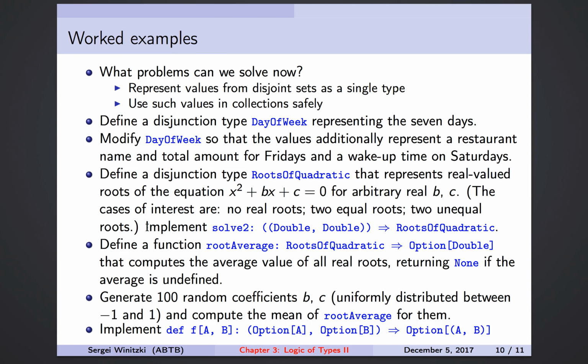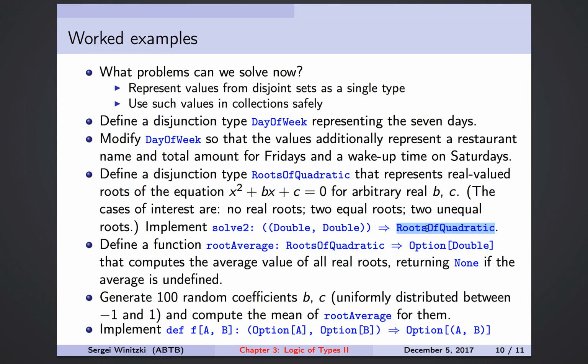And then we want to implement the solve function, solve2 or solve quadratic, which takes a tuple of two coefficients, b and c, and returns this value of this disjunction type, which is a roots, whatever situation it is.